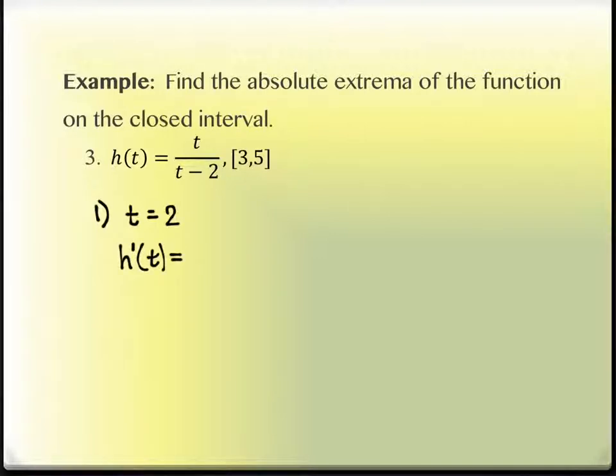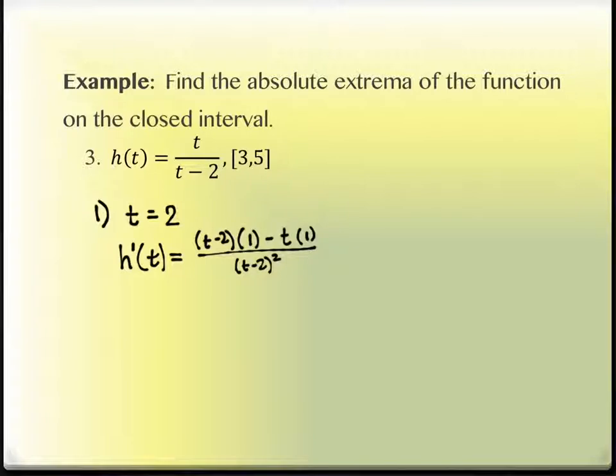I do have a quotient rule on this one, so it's not a simple rule like the last two, but it's not a terribly awful quotient rule like some of the ones you've experienced. So we have the denominator times the derivative of the numerator, which is 1, minus the numerator, which is t, times the derivative of the denominator, which is also 1. And it's divided by the denominator, t minus 2 squared.